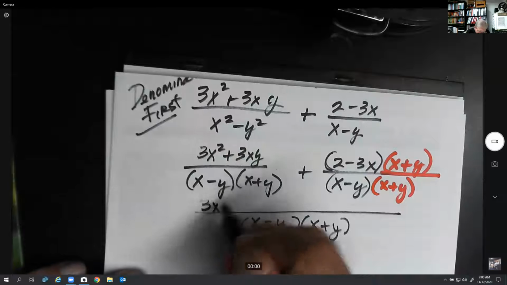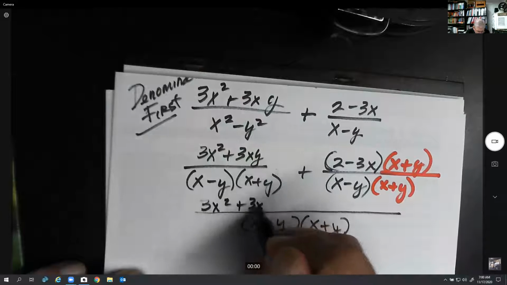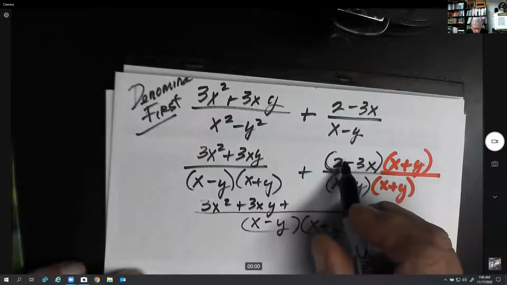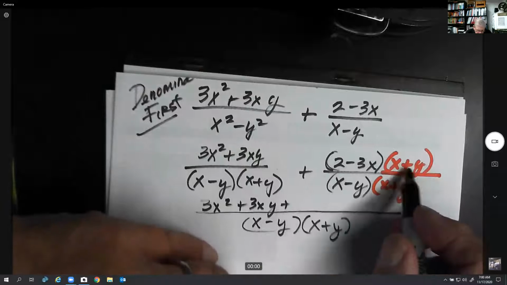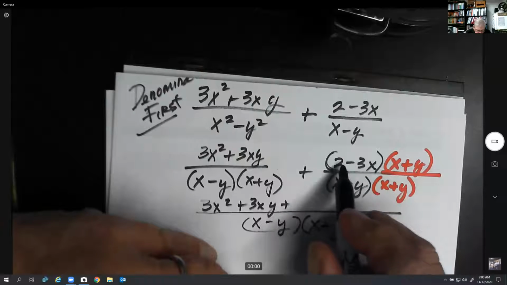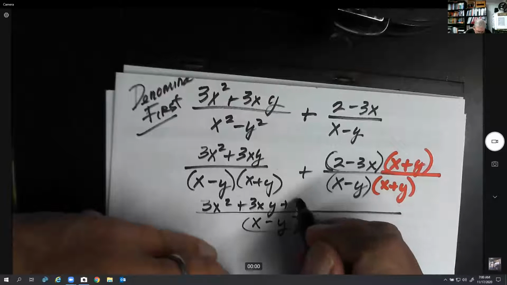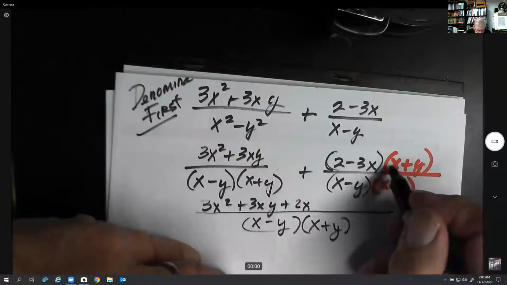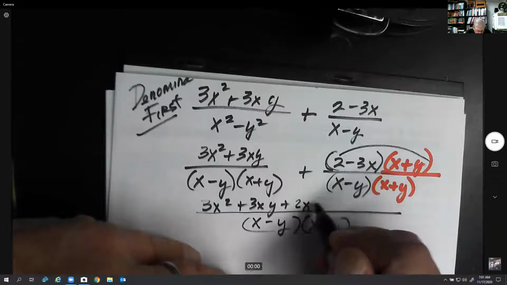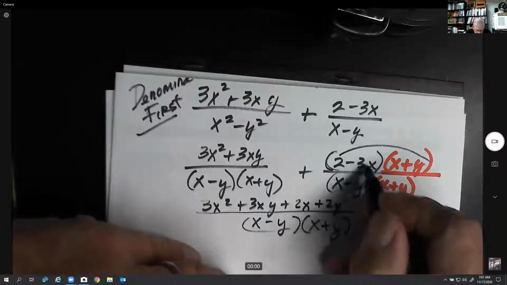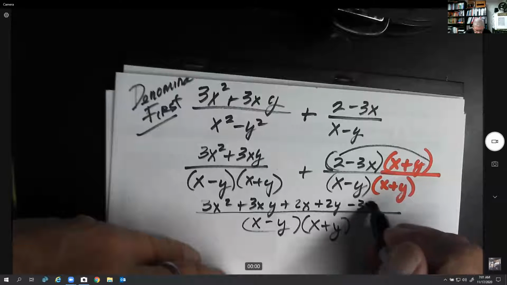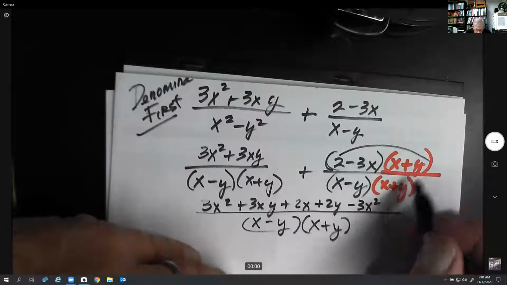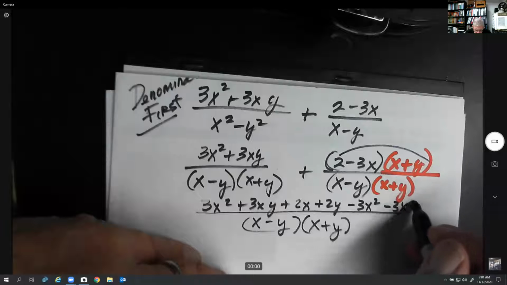Nothing happens here. But let's multiply this out, and the only way we can do that is with a FOIL. I don't see any shortcuts here, so plus 2x, outside, first term times first term, outside 2y, inside minus 3x squared, and last term minus 3xy. So watch your signs, that's all.